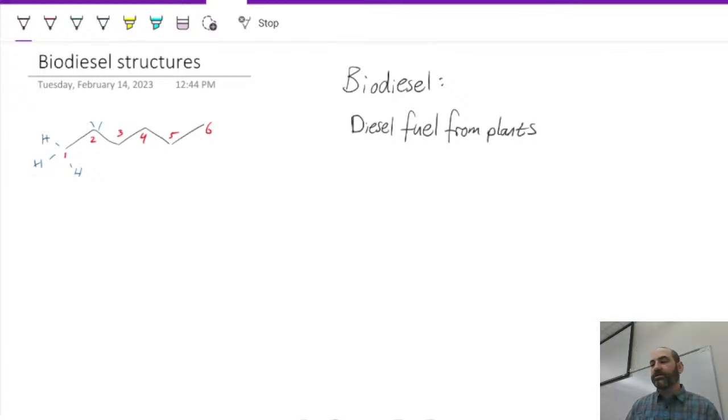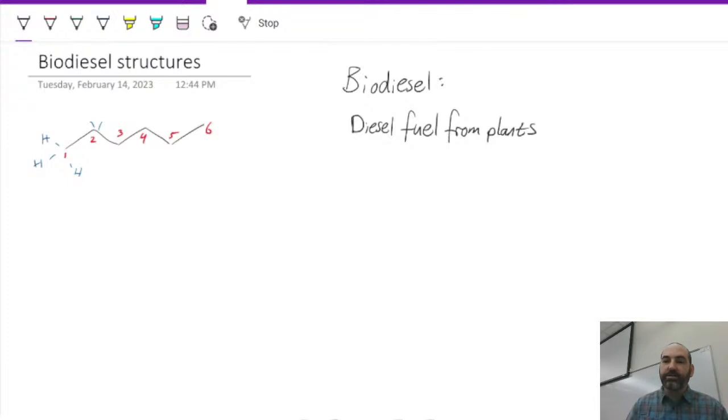Now, modern diesel engines, you have to put the special fluid in there to clean up the emissions of the diesel. So it's really only used in heavy equipment, but that still accounts for a lot of fuel use in this country and in the world.